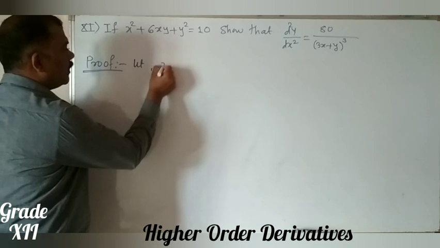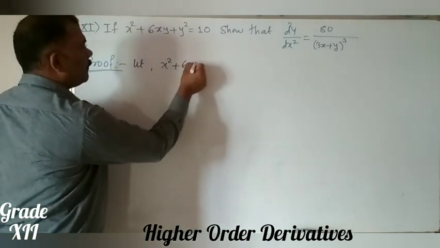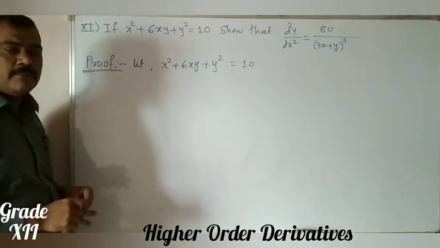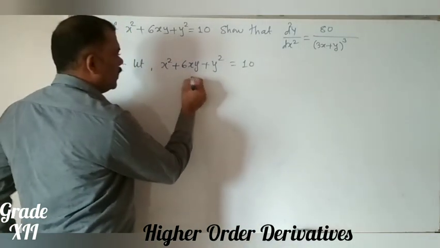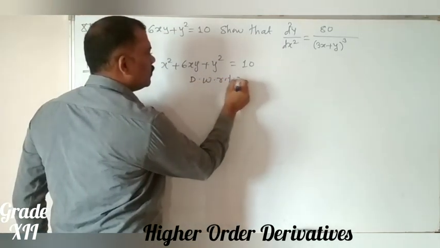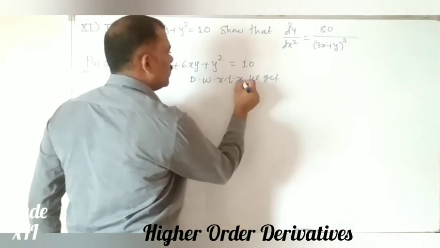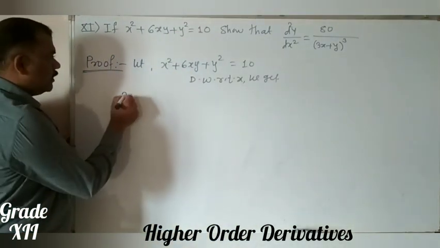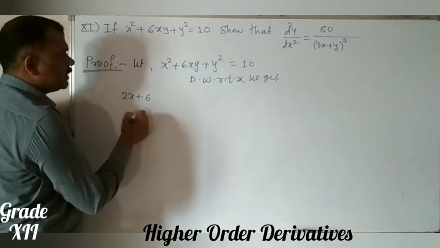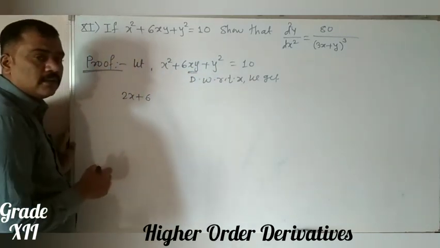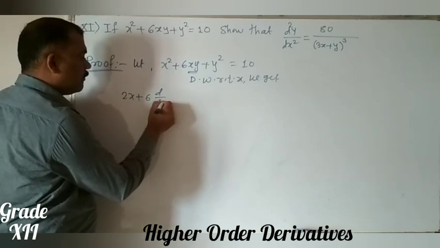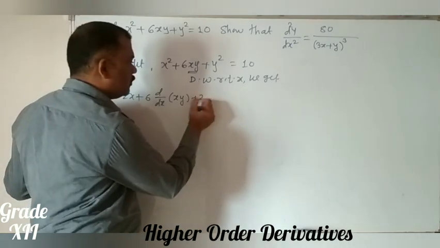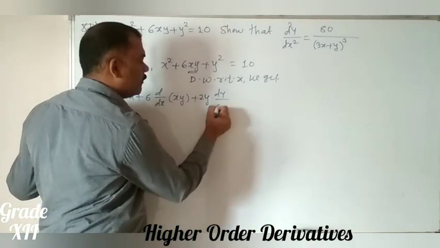Let x square plus 6xy plus y square is equal to 10. We have to differentiate this with respect to x. What is the differentiation of x square? It is nothing but 2x plus 6 into, we have to use here d by dx of xy, plus by using the power function we can write 2y into dy by dx.